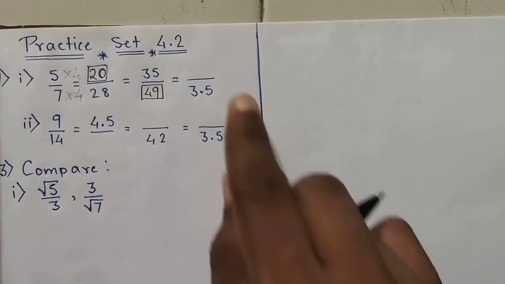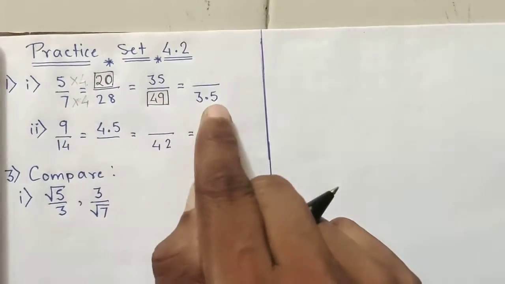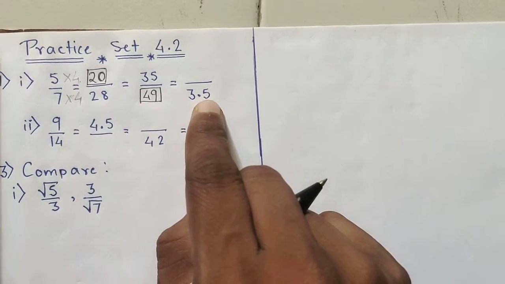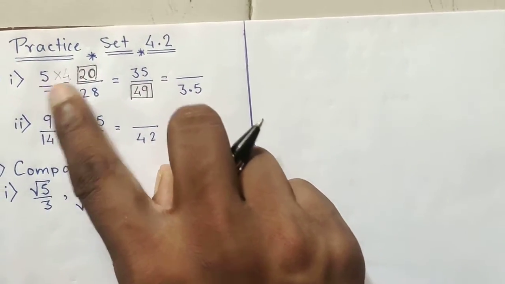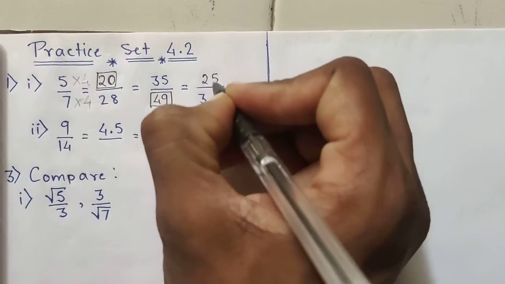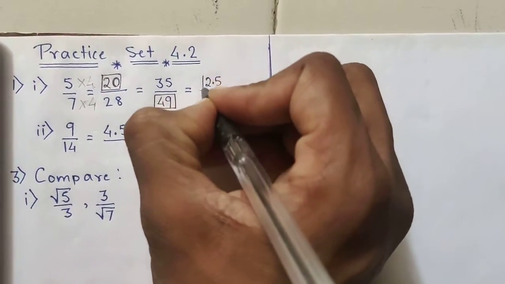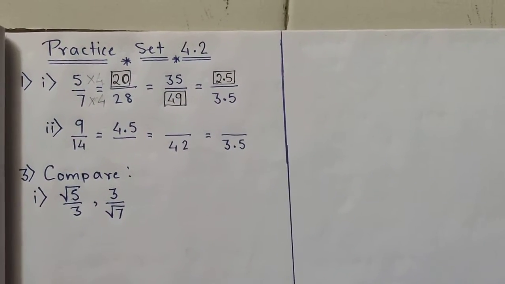Okay, now see this one. This is 3.5. 7 fives are 35, right? So 5 is there, so here also keep 5, 5 fives are 25, and you know one digit after the point is there, so here also you have to keep 1 point. So in this case you got 2.5.